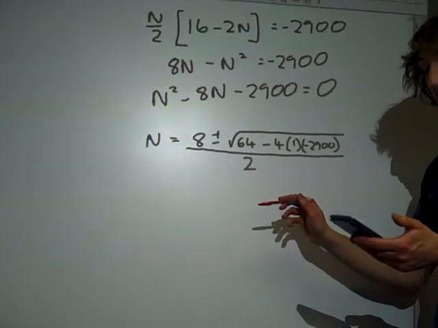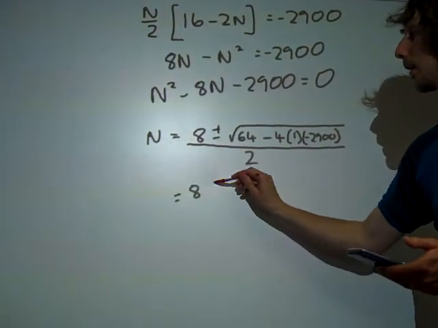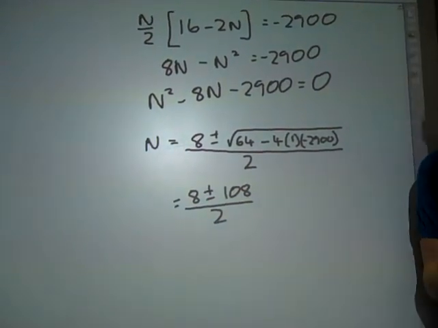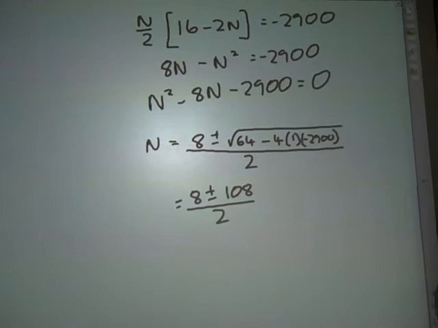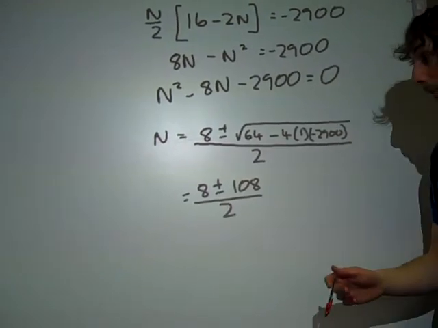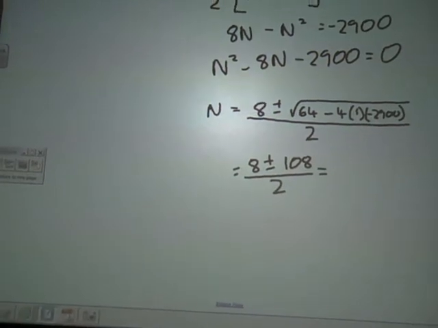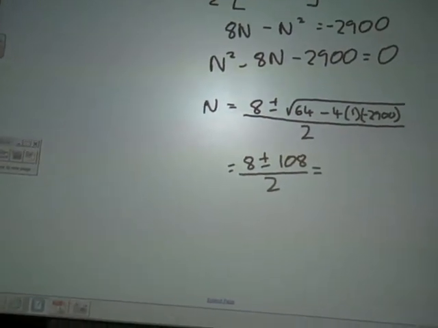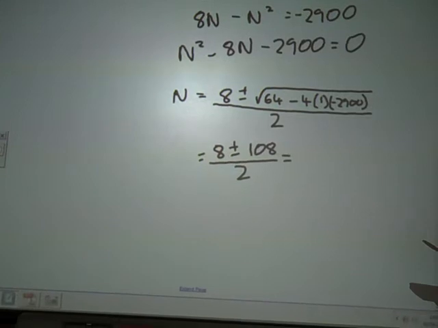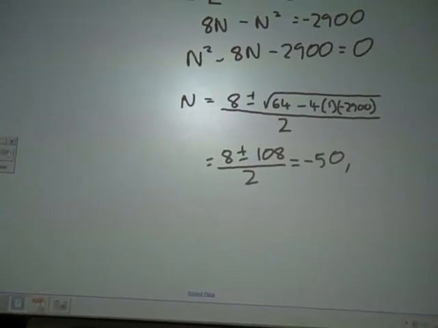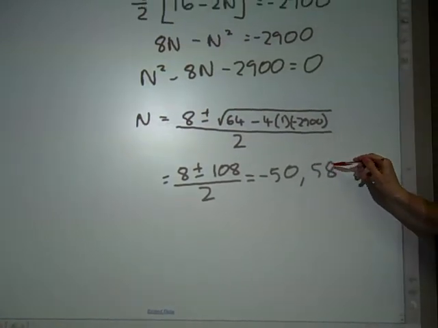It actually comes out as being 108, which kind of implies that we probably could have factorised it, but we've probably saved ourselves a little bit of time by doing it this way. What we've got out of that then, well, of course, that's minus 50 is one of the answers. Oh, yeah. Or 58.